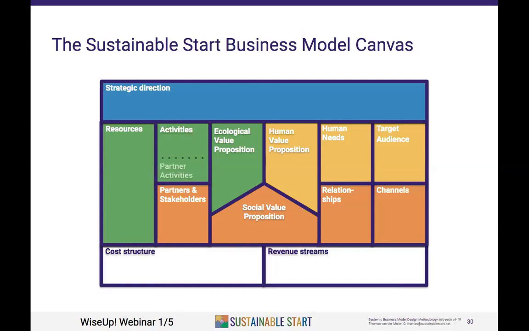Obviously, there's also the activities and the resources of your partners, which on a second tier of sustainability you will want to include as well in your analysis, because starting off, you're obviously responsible for your own business, but no business can ever be sustainable in isolation. We're all part of a value chain.